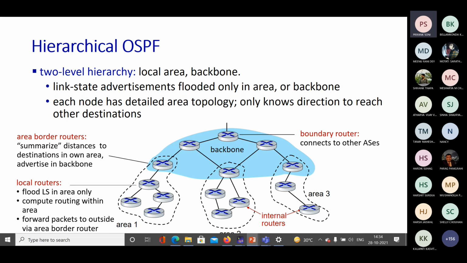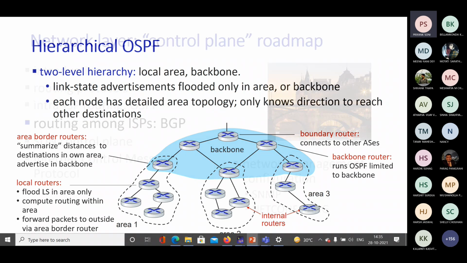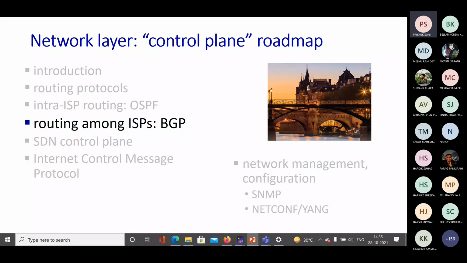This boundary router is the gateway router that we have seen in previous slides. And the other ones here are backbone routers, which help in running the OSPF protocol, which is limited to only the backbone. So that was about OSPF, which is an intra-AS routing protocol.